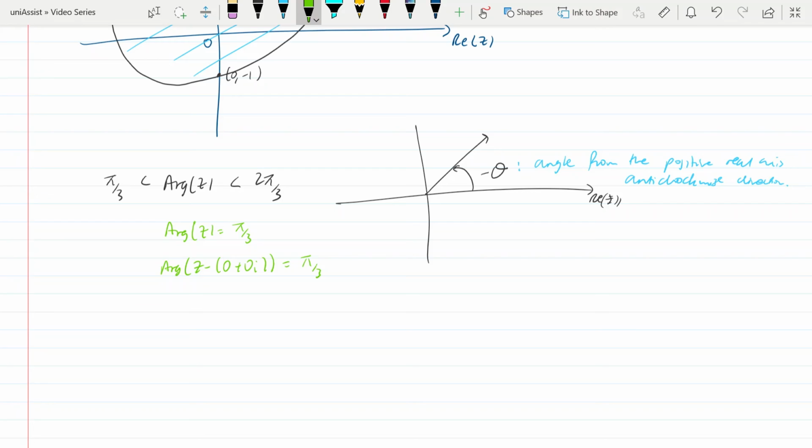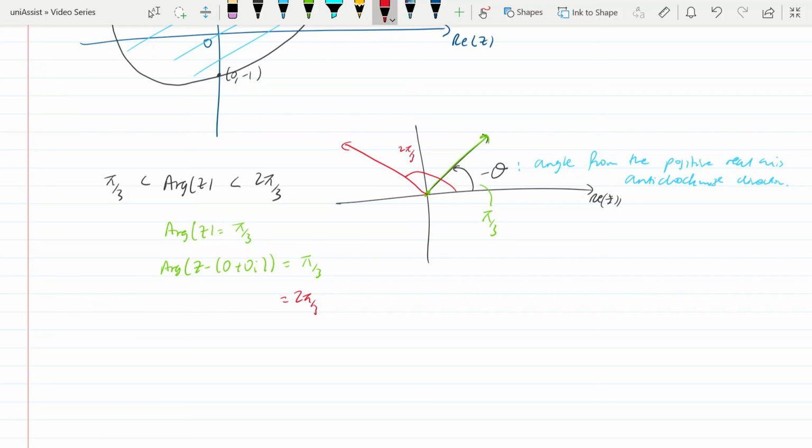If we were to draw this, that would mean that the argument of z from the axis is equal to pi on 3. So it'd be some value like that. And if this was equal to 2 pi on 3, the angle would simply double, and you would get something here where this is equal to 2 pi on 3.